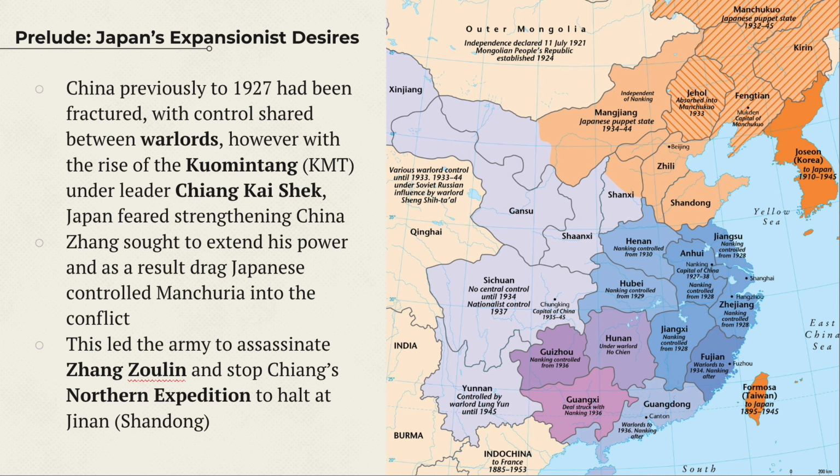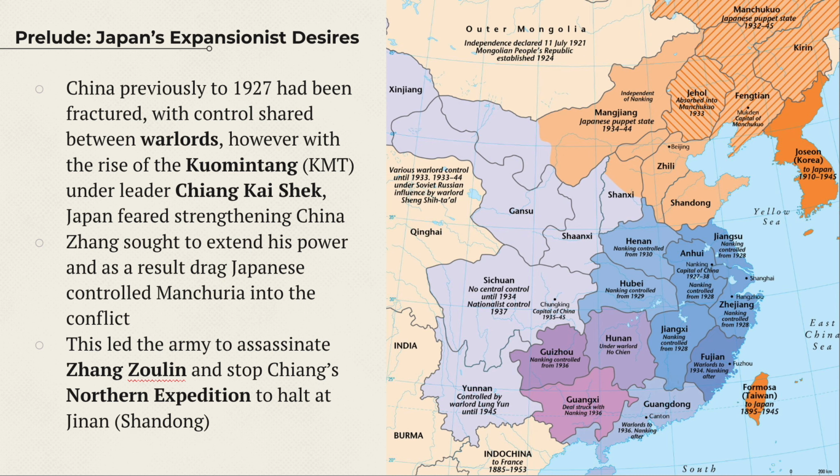And they fear that if Chiang Kai-shek could unify all of China, that they would provide a real threat to Japanese interests in the area. So they assassinate him to stop Chiang's northern expedition, and it halts in Jinan, in Shandong. So Jinan is just this area here. So instead of expanding north into Manchuria, they stop there.